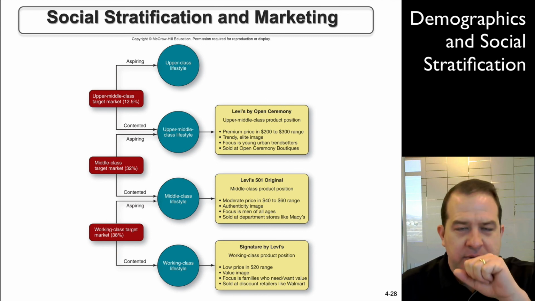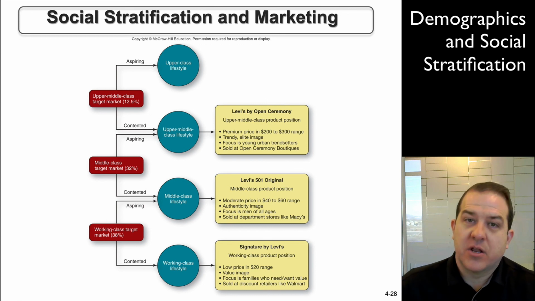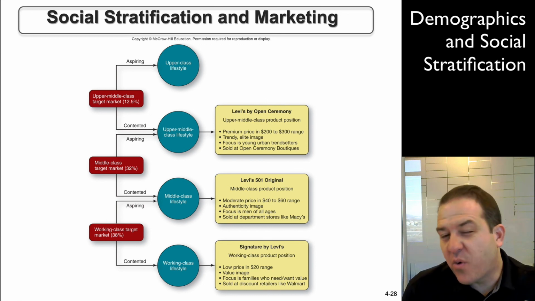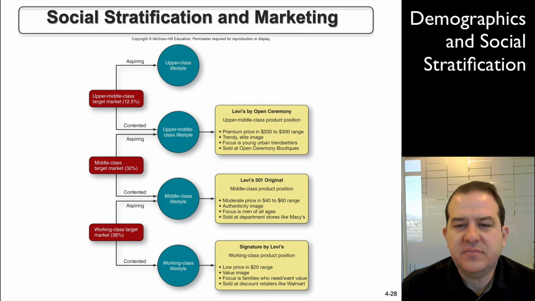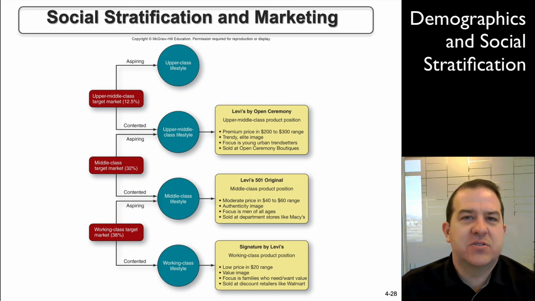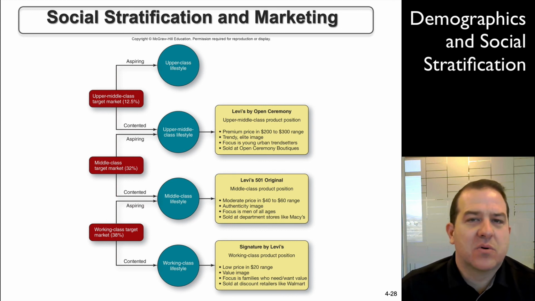They're going to sell them in the stores that they shop in. It's probably more like a Nordstrom's versus a 501 original, which costs $40 to $60. They probably want people to feel like, oh, but I have real Levi's right here, quality Levi's. They're probably focused on men, and they're going to be sold instead of at Nordstrom's at like Macy's or Kohl's.